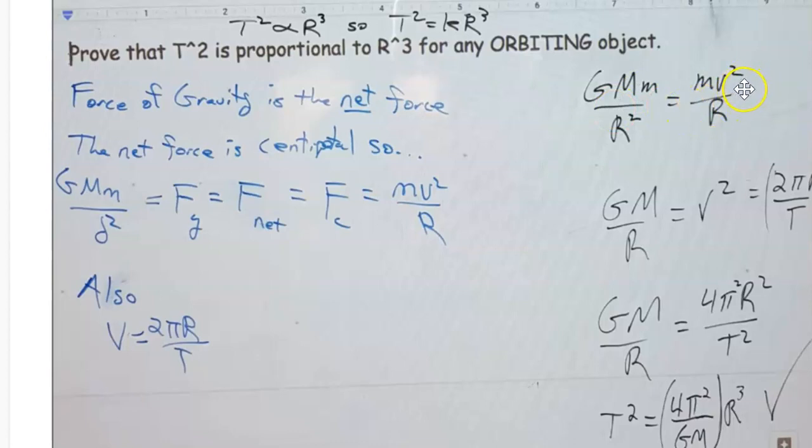So the idea with getting t is that you have to substitute for v, which is this, my v also over here. Don't forget that the speed v of any object going around in a circle is going to be given by how far it goes, the circumference, 2 pi r, that's the circumference of a circle, divided by the time it takes to do one circumference, which is exactly what Kepler was interested in, the period of the orbiting planet.